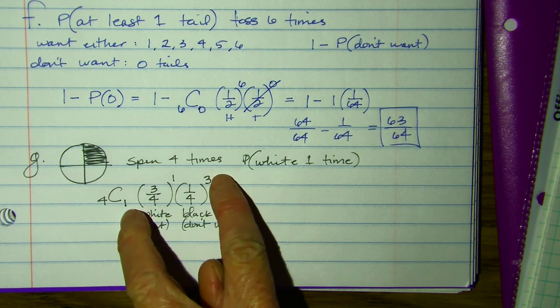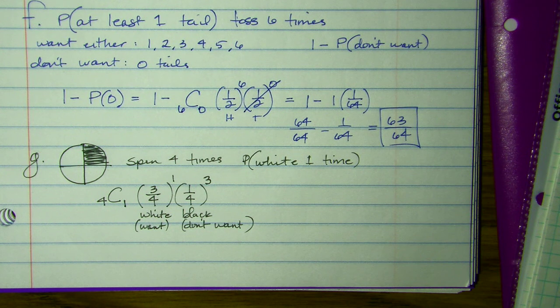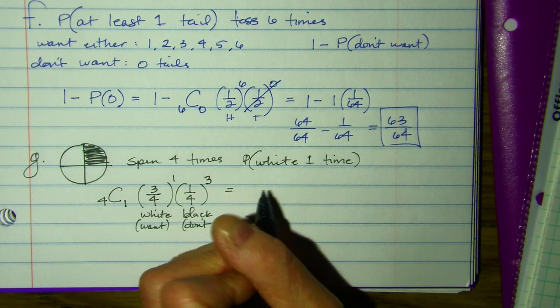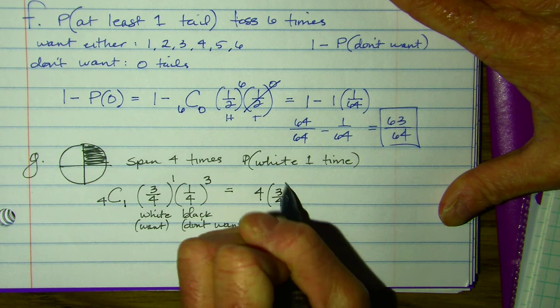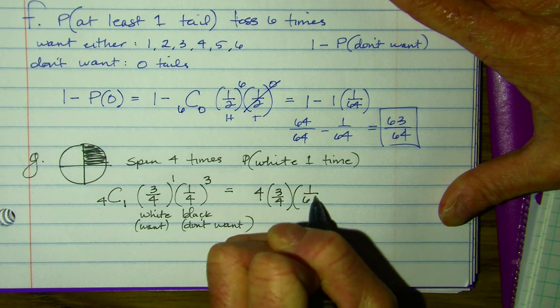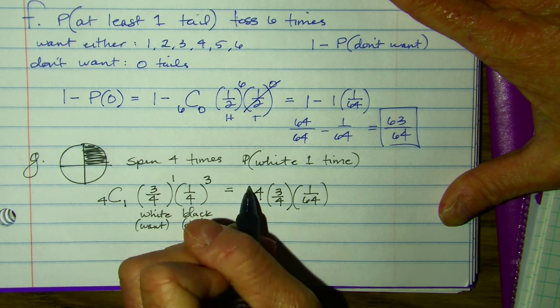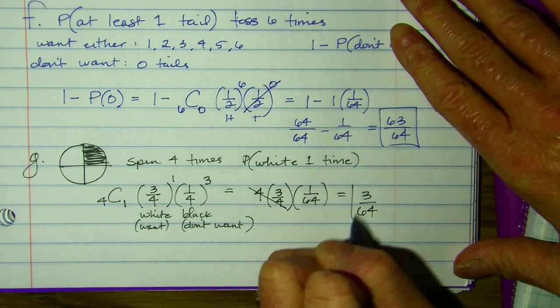Now, again, I know these don't match, but I could switch these because multiplication order doesn't matter. So 4C1 equals 4. So I have 4 times 3 over 4 times 1 over 4 cubed, because 1 cubed is 1, 4 cubed is 64. These cancel, and I end up with 3 over 64.